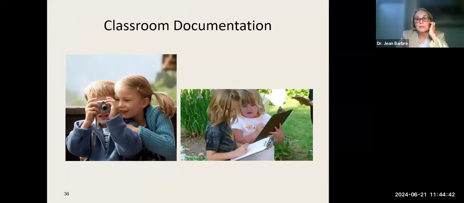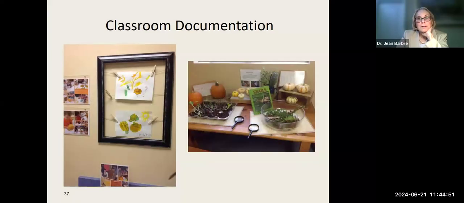And documentation, these of course are for older children, but how you document and use the tools that you have, forms of technology to document. Here's some that come from one of the college classrooms. Again, here's our magnifying glass. These are our technology.